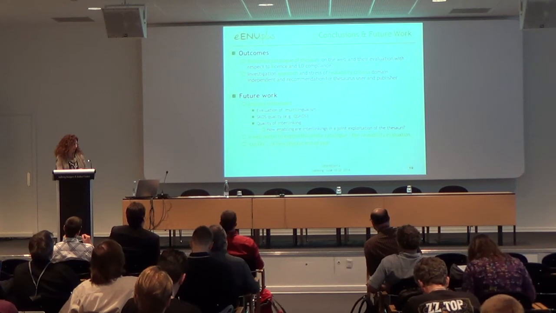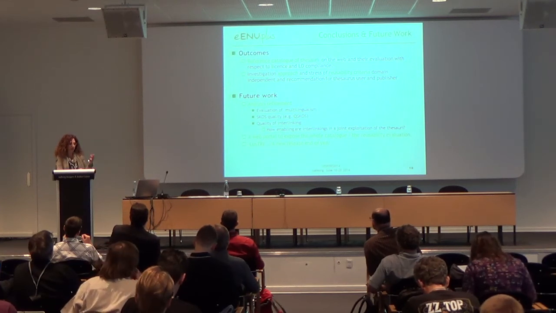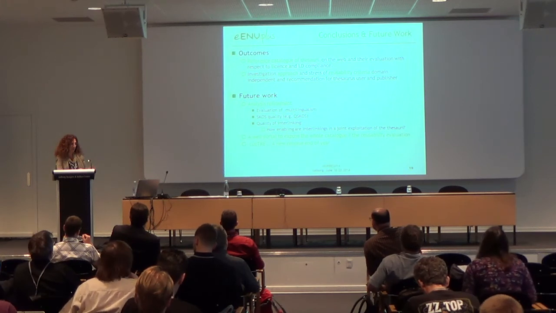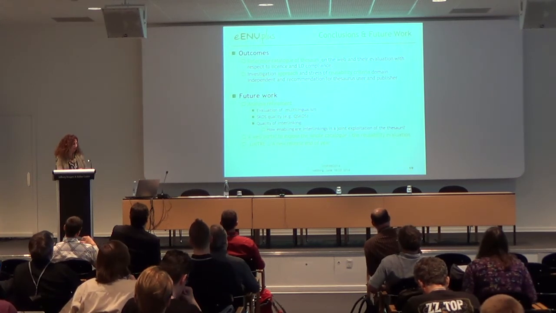Then we will think also to publish the catalog on the web, to leave this open to everybody, and of course some of this vocabulary will be integrated in the project in the Lustre framework.